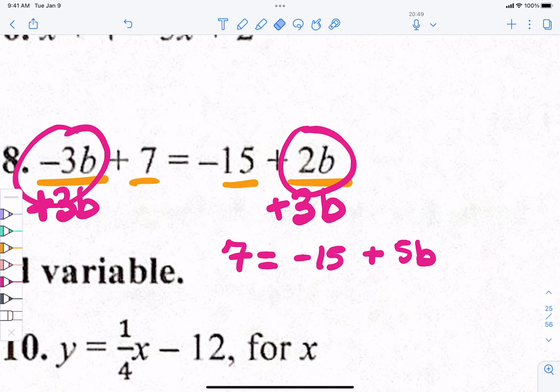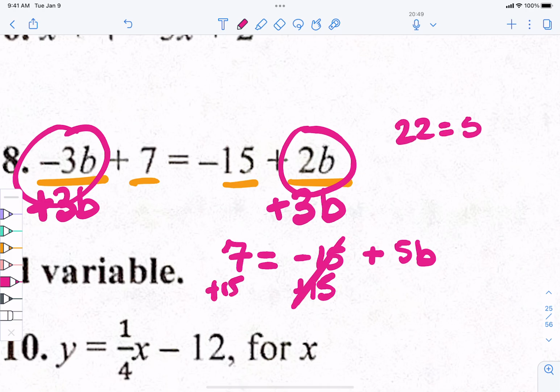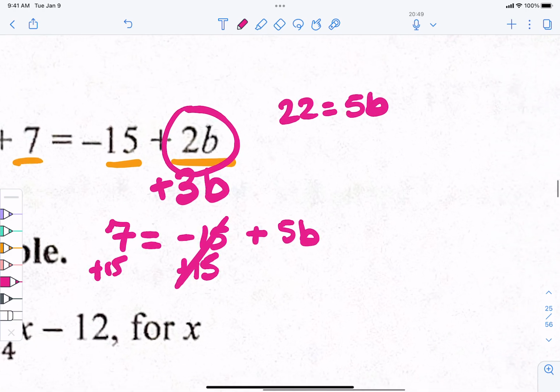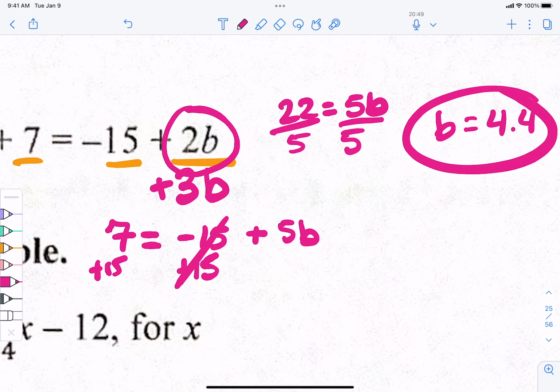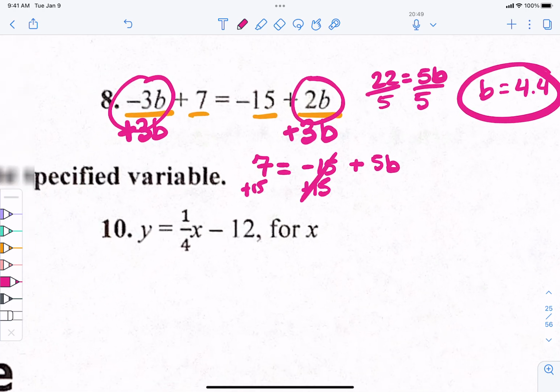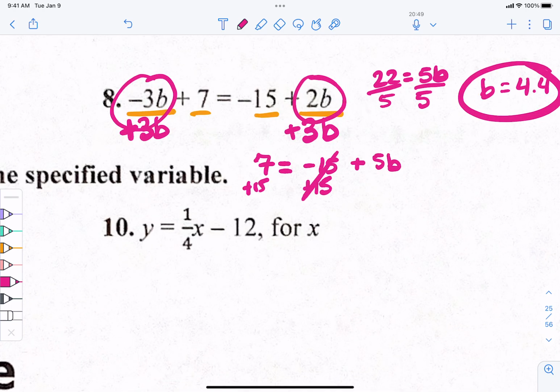Now you add the 15 over. Then you get 22 equals 5b. And then what? Divide by 5, and that is 4.4. Yep. Okay, good. Happy with that?